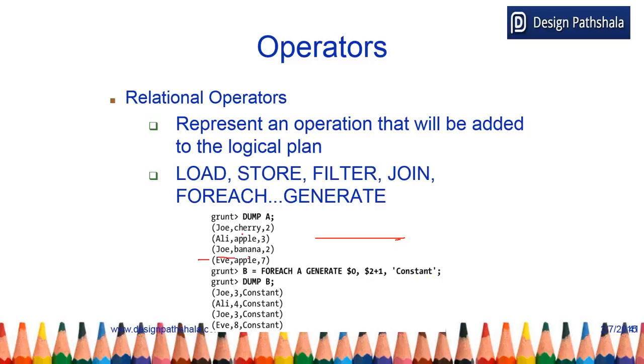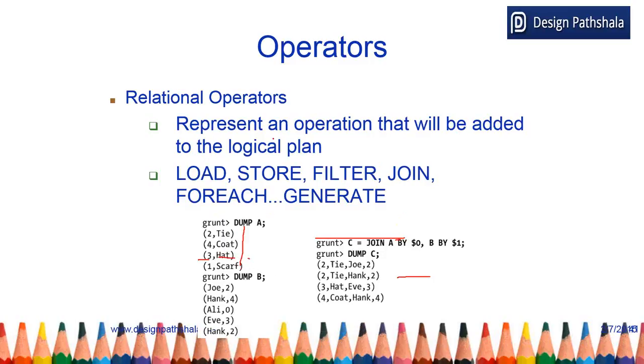So rather than 3 columns, I have converted into 3 columns, but I have skipped the second column in my data. Here I can see the first column values, and then $2 plus 1, that is the third column with 1 added, and a constant added as a column. So this is how I would be playing with my data.